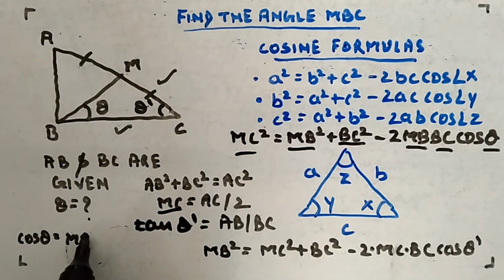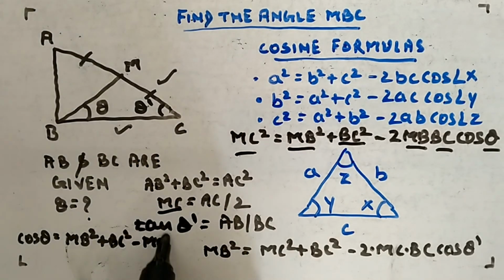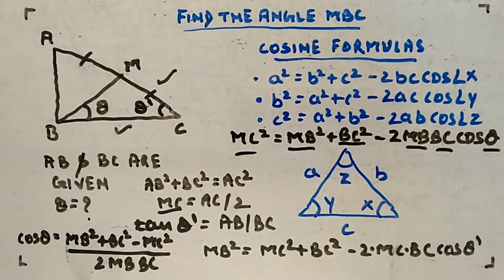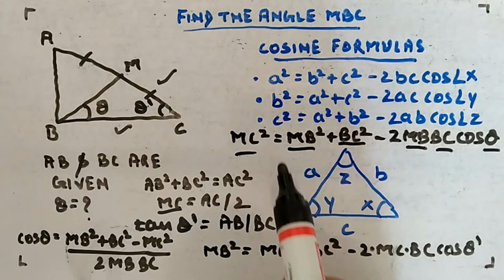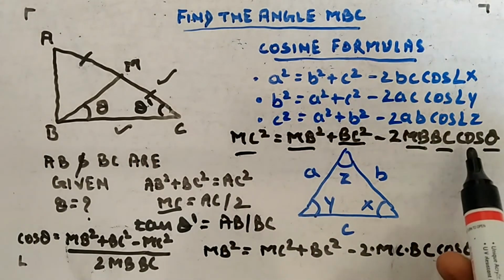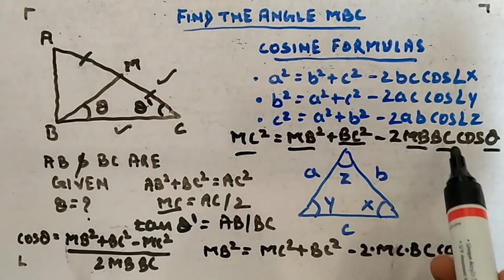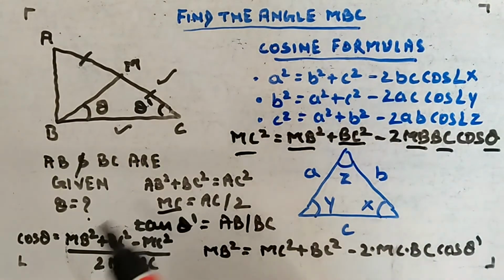So MB square plus BC square minus MC square divided by 2 MB BC. That's how you will calculate cos theta, right? I have rearranged. So I brought MC here and this term there, and divided by 2 MB BC. So that's how all these expressions will be written. I hope you got the feel of how we'll be solving this problem.